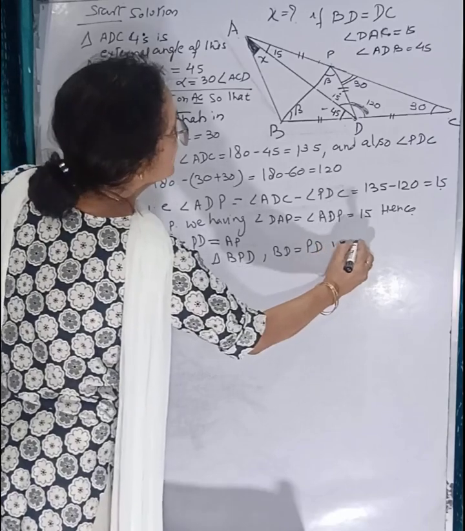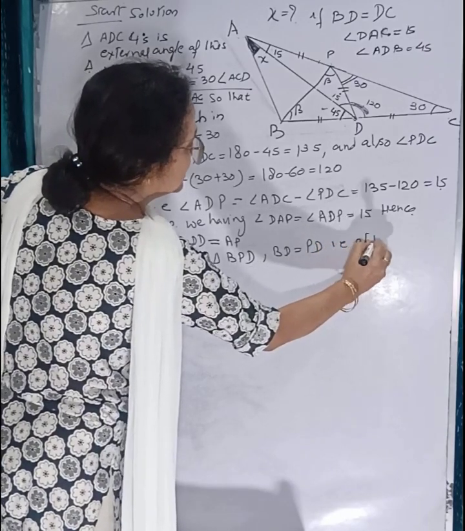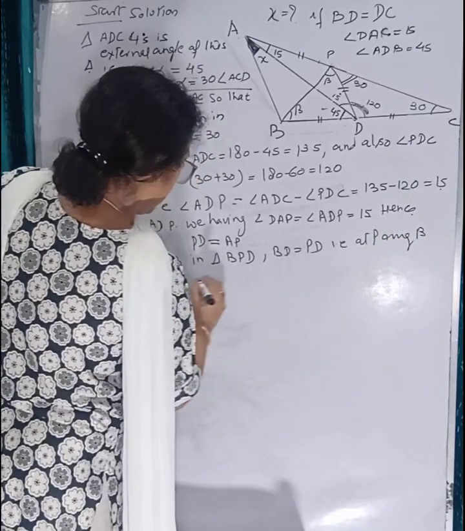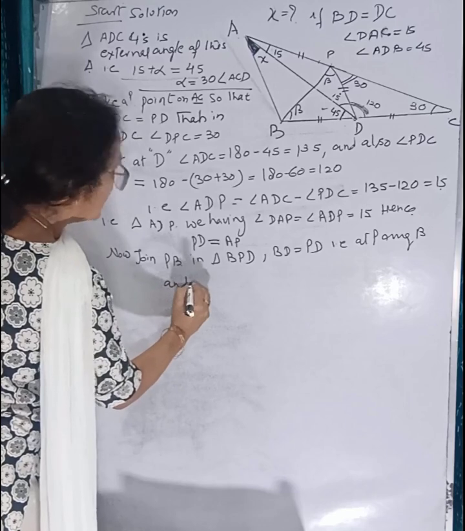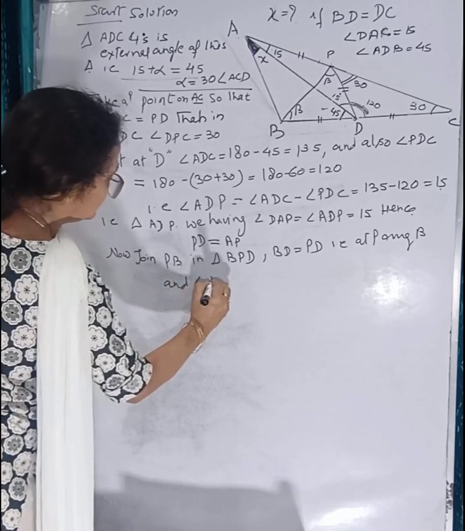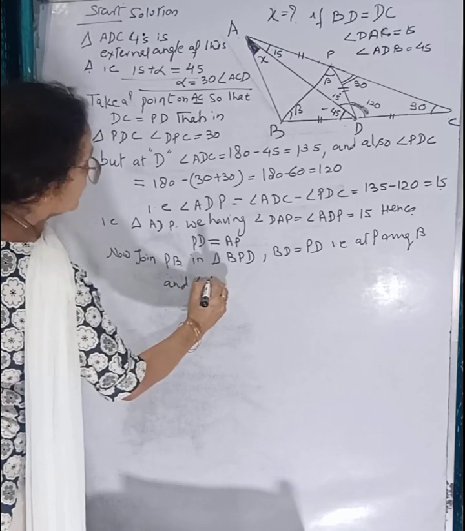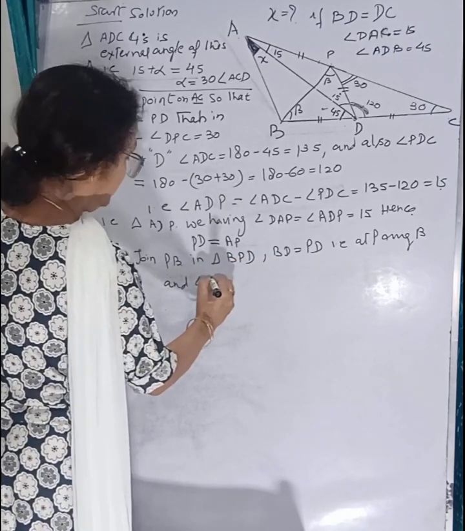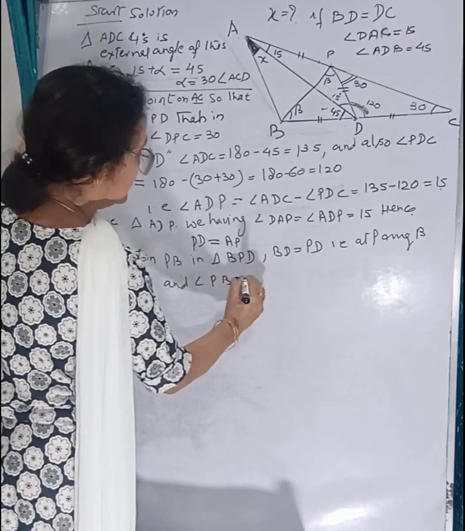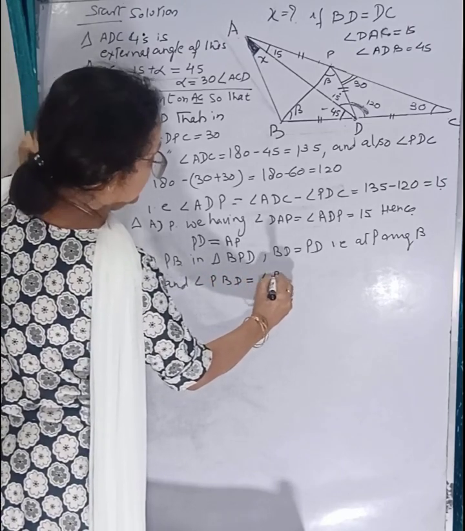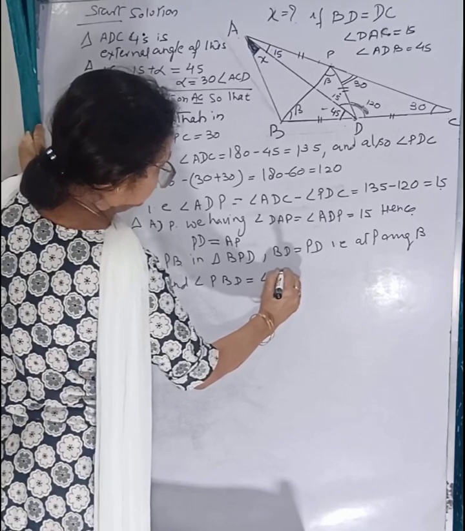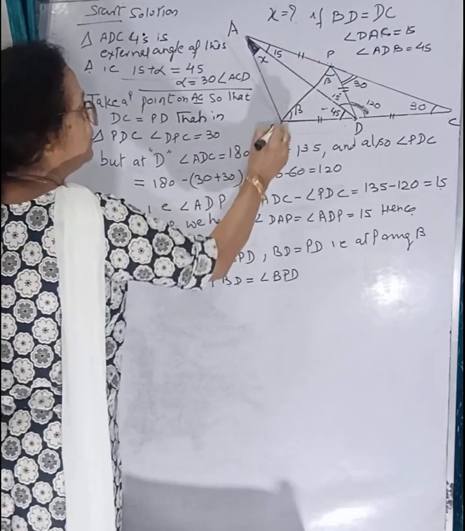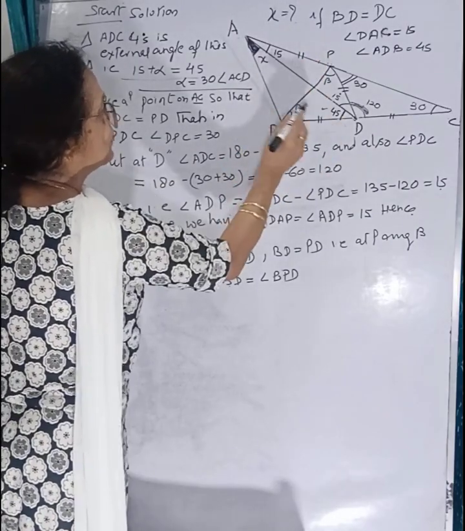It means at P, angle beta, and at point B, angle PBD is equal to angle BPD. PBD will be equal to BPD.